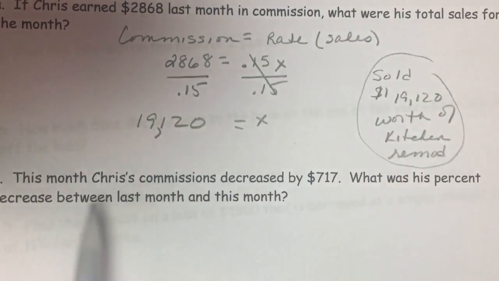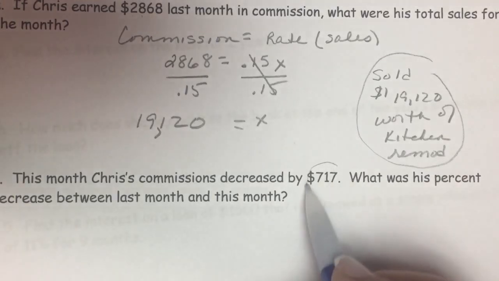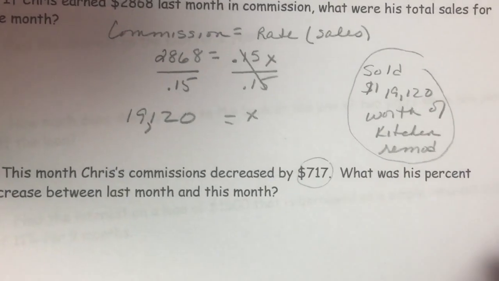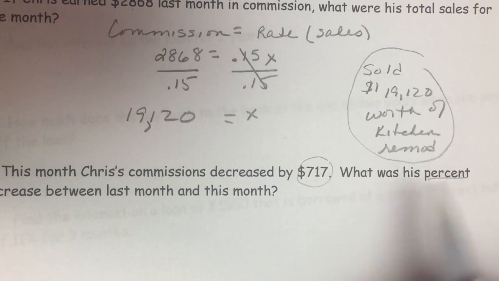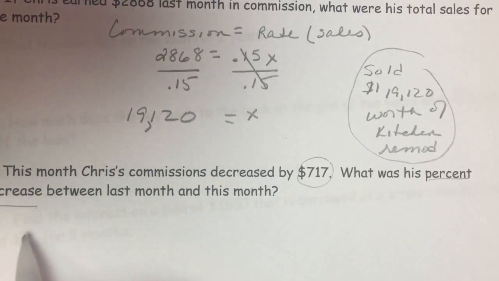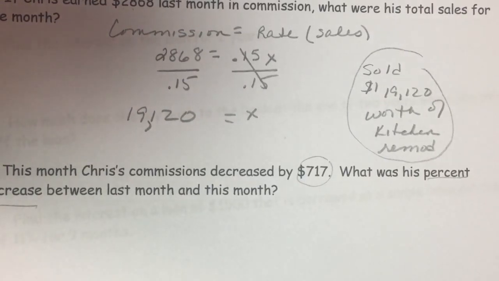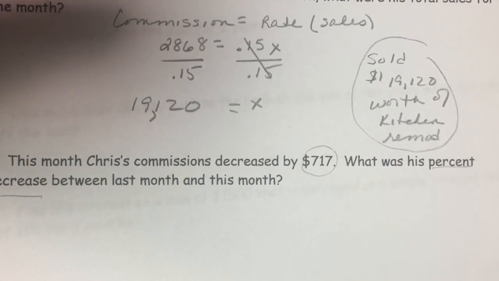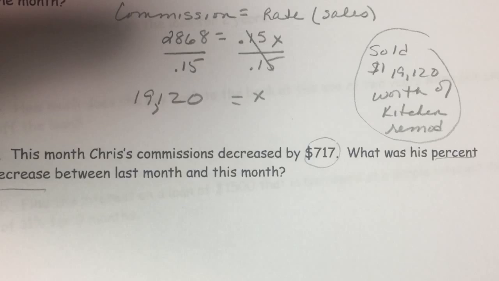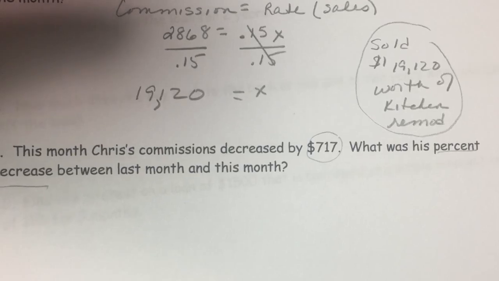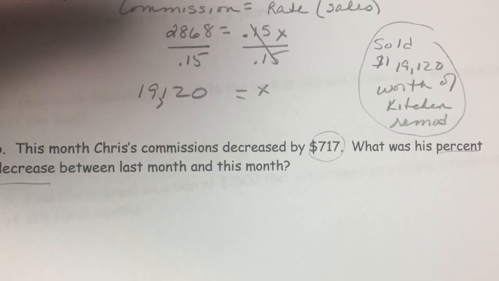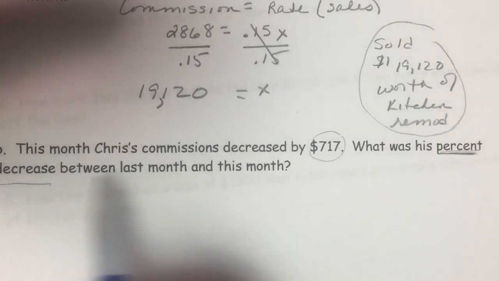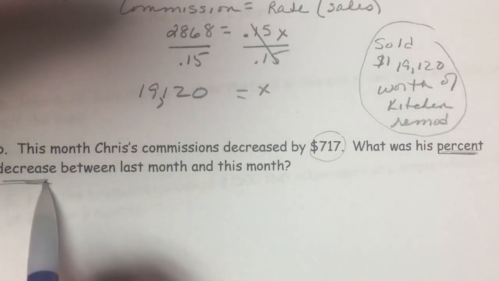Now let's look at this one. This month, Chris's commissions decreased by $717. What was his percent decrease between last month and this month? So we're going to just use the way we did it in the last section, and we are going to rewrite this as a sentence that we can understand. Now notice we are looking for his percent decrease.